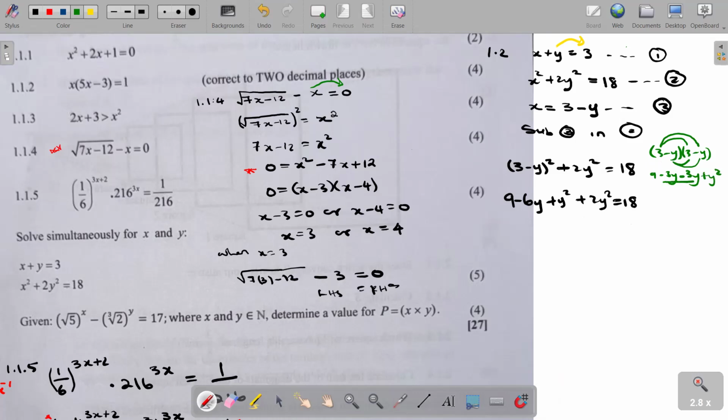But these are like terms. That's how we got negative 6y. Then from there, we can now simplify, combine. Here, these are like terms. We get 3y squared. Then we have minus 6y.